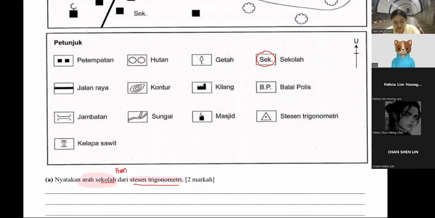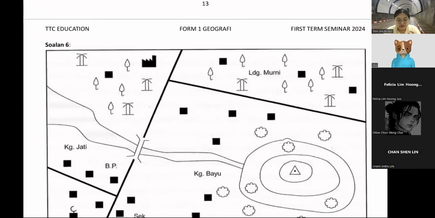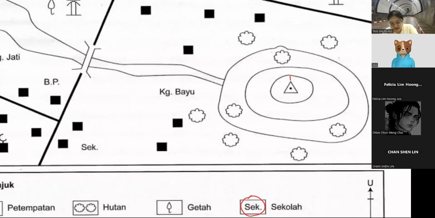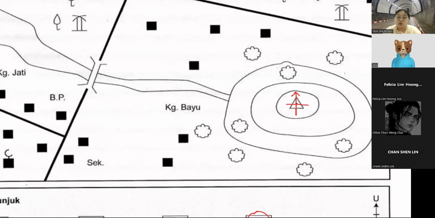Station trigonometry. Trigonometry is a triangle thing. So you're going to find out, okay, trigonometry is here. You are here. So you draw arah mata angin, right? Remember, always look at this one because they are pointing up. So that means the one on top is utara.